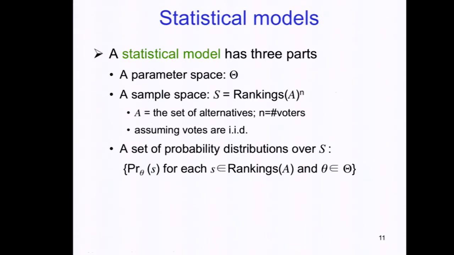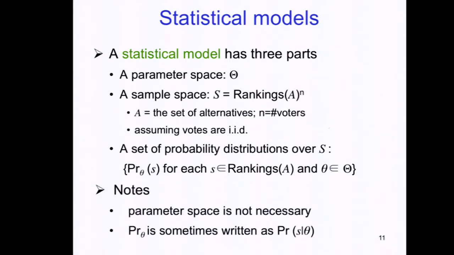There are two quick notes. The first is that sometimes the parameter space is omitted. It doesn't really matter what you call it. What really matters is what the distributions look like, how hard they are, and how I can use them.